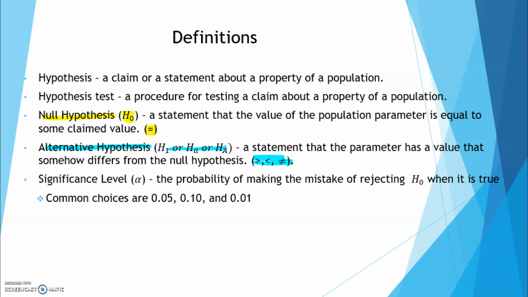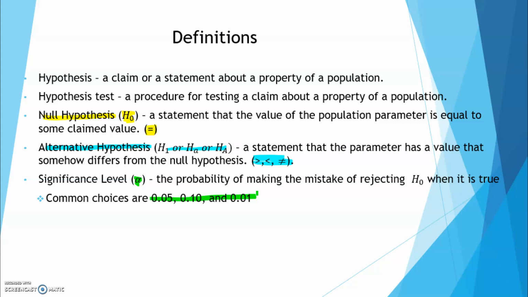Okay, your significance level, that is always going to be alpha. That's the probability of making the mistake of rejecting H sub 0 when it is true. The three most common ones for your significance level are 0.05, 0.10, and 0.01. Those are the three most common.